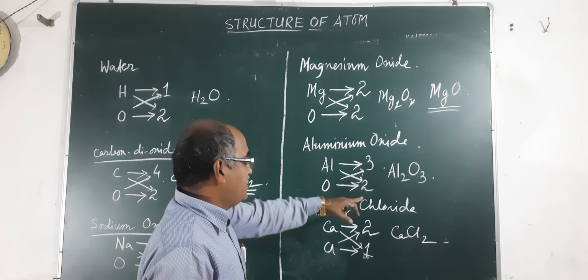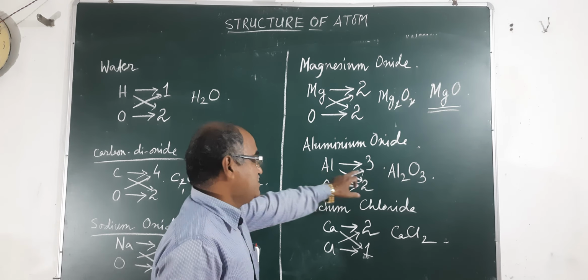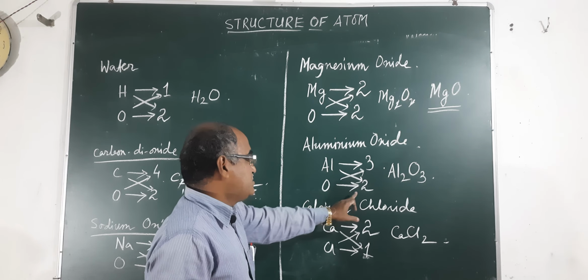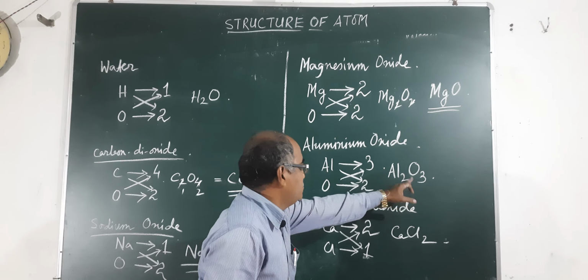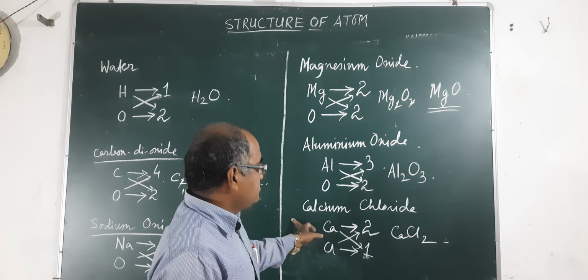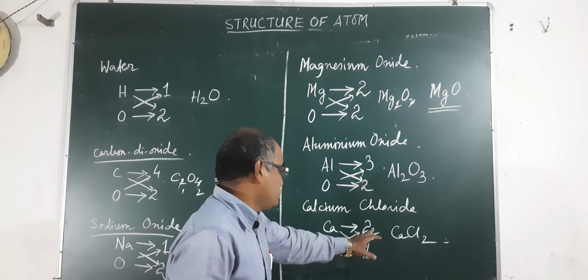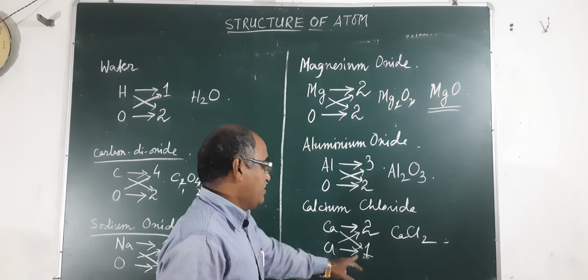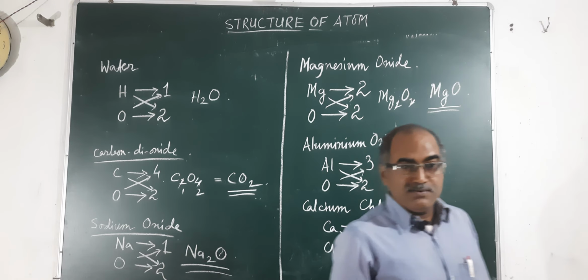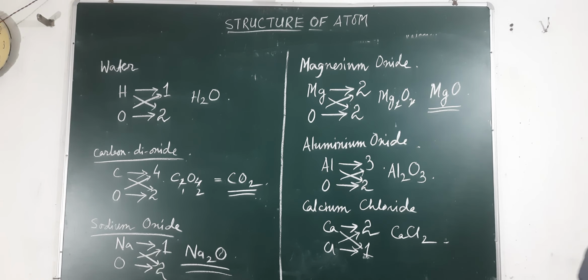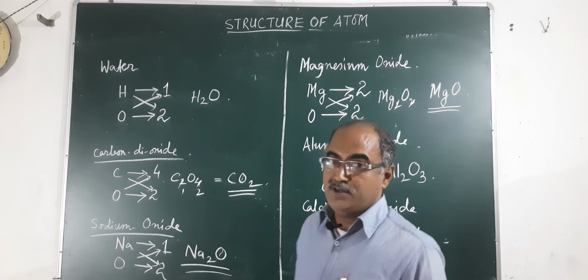Aluminum oxide: aluminum has valency 3, oxygen has valency 2, so Al2O3. Calcium chloride: calcium has valency 2, chlorine has valency 1, therefore it is CaCl2.